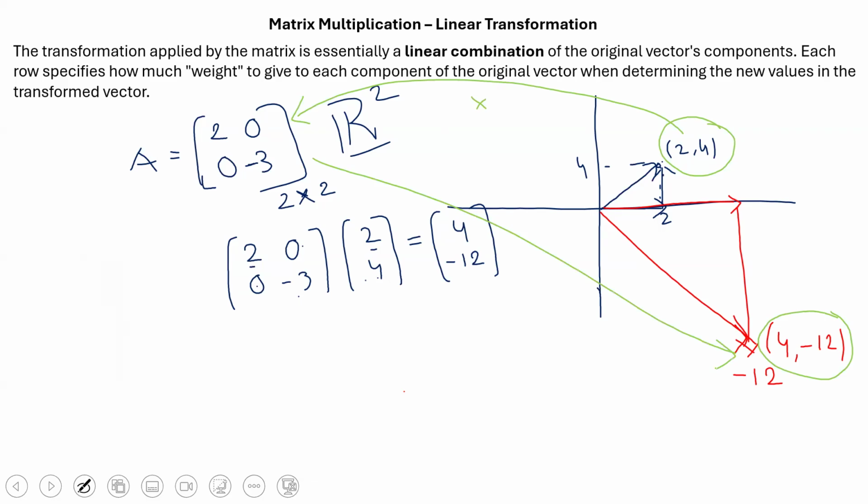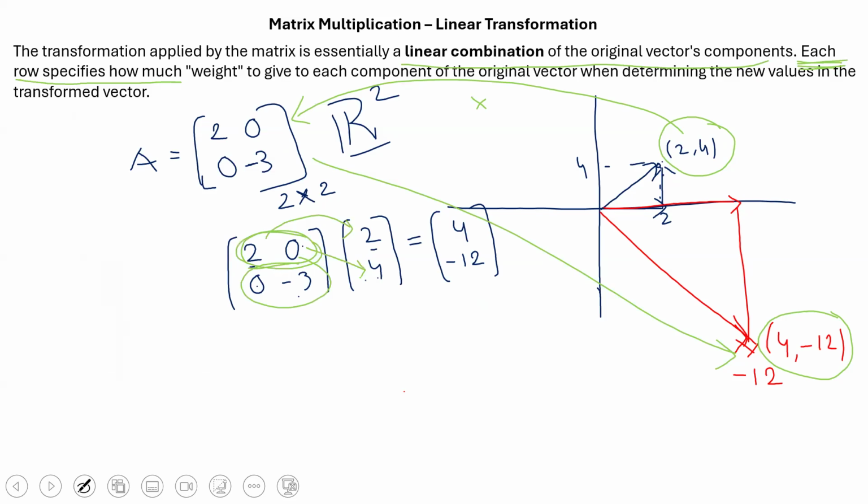Linear combination of original vectors is what it is saying. Let's come back to this. Each row specifies how much weight to give each component of the original vector. This is one row, this is the second row. So this row specifies how much weight to give to this component and how much weight to give to that component in the transformation.